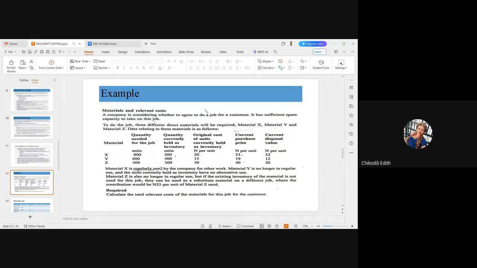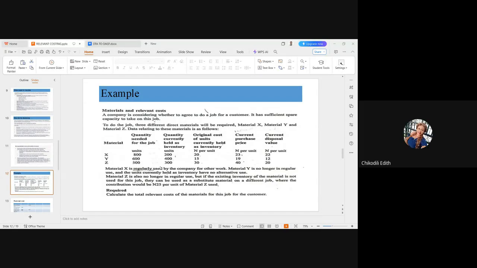I think the relevant costing will be the replacement cost, in relation to how many units? 600 units.